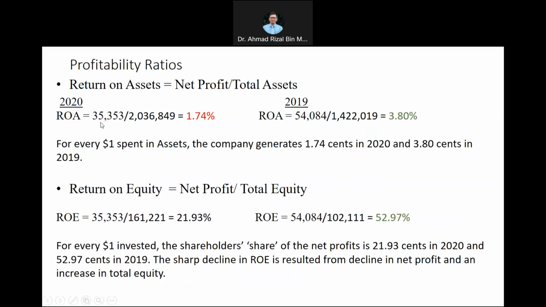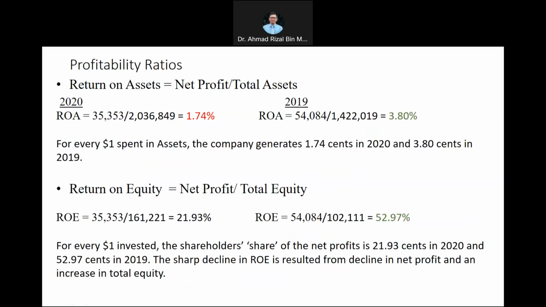The other two famous ratios, I think you have seen and heard ROA or ROE much more than other ratios. Sometimes, most of the time, you hear ROI. When you watch films, or listen to people talk, or read the newspaper, people talk about ROA, ROI.